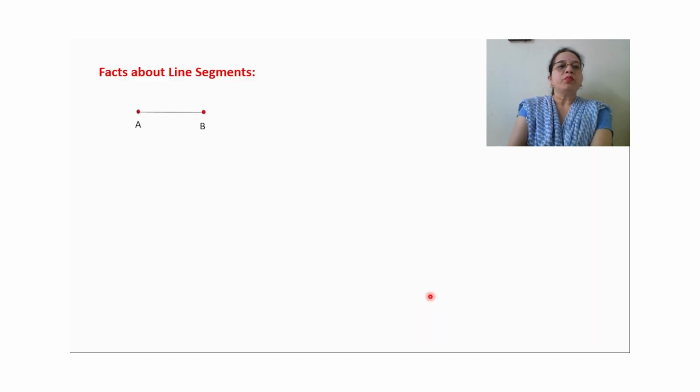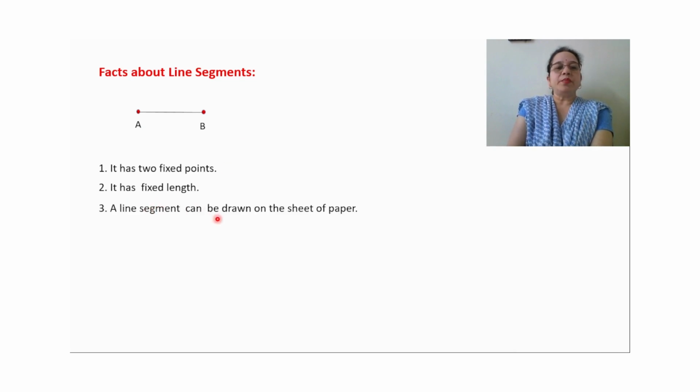Now facts about a line segment. A line segment has two fixed points. This is one fixed point, this is another fixed point. For the particular figure, the names are given, point A and point B. Since it has fixed points, it has a fixed length. A line segment can be drawn on a sheet of paper.